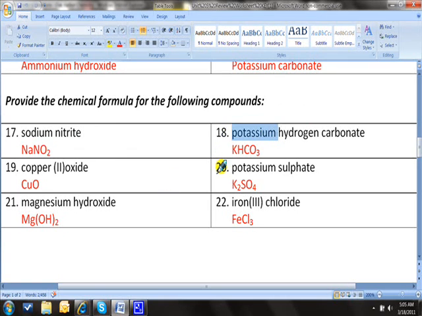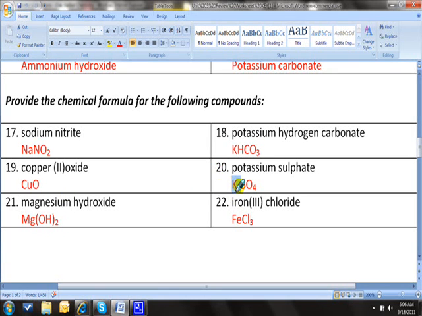Potassium is the cation, and hydrogen carbonate is the anion. -1, +1, they add 0. Number 19, I see copper Roman numeral 2. That means I have copper with a 2+ charge. Now I know that oxide is -2, so these +2 and -2 add to 0. And so I have the right formula.